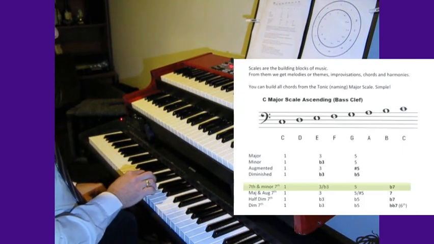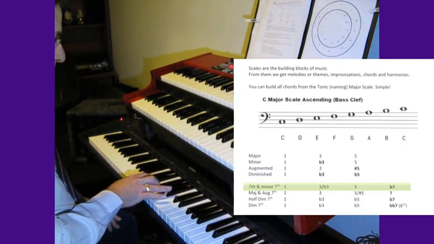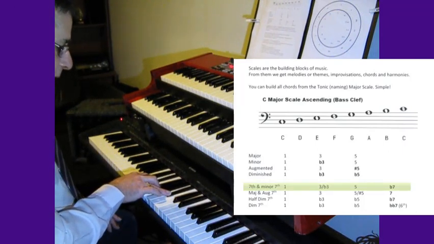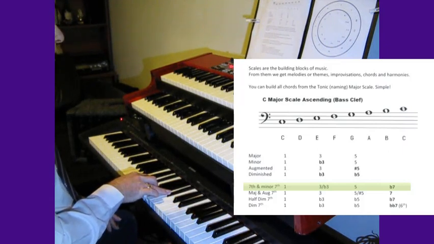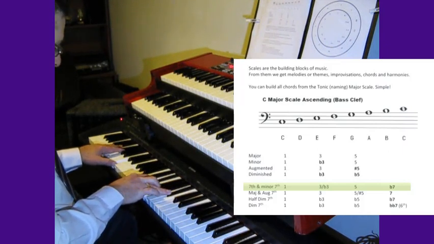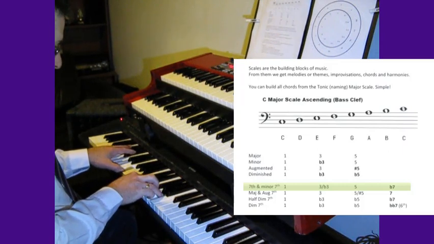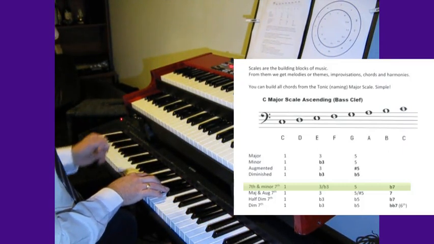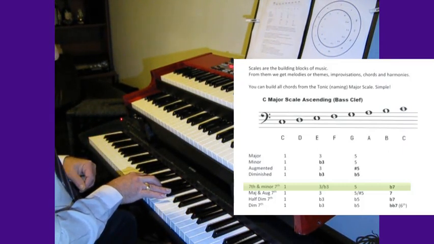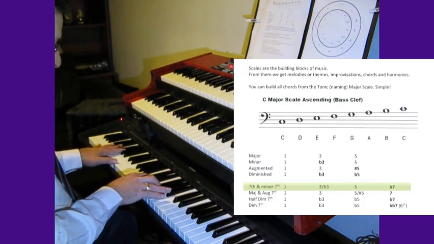The C minor seventh also is a dominant chord because it has the B flat in it. So we hear that works, C minor seventh to F, 5 to 1.